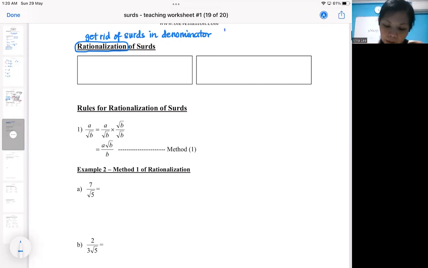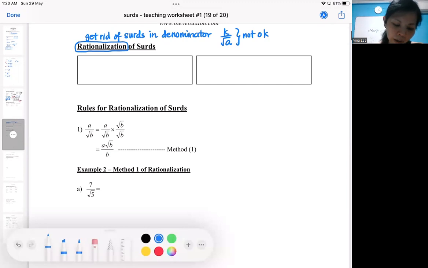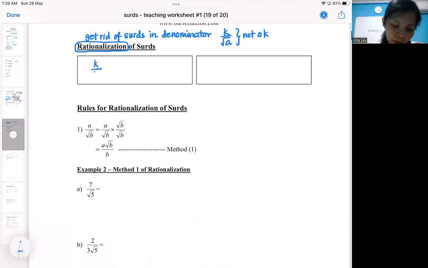So it's something like a number and a surds. This is not okay. So as long as there is a surds in the denominator, it is not okay. So you got two situations of rationalization. The first situation is where you got a single surds.